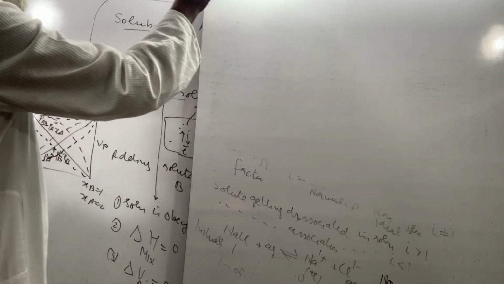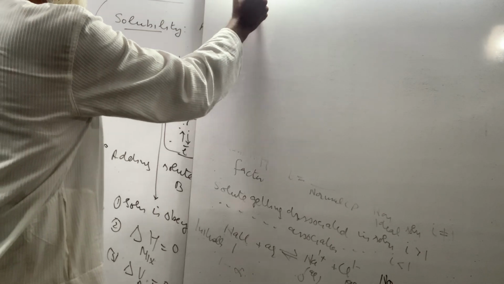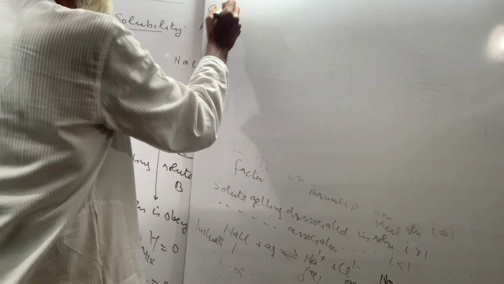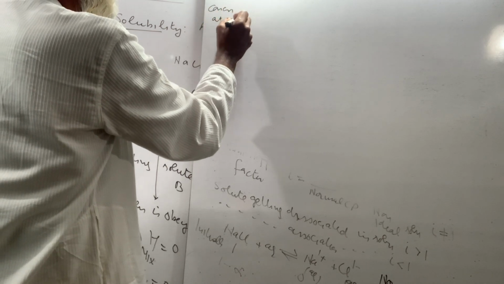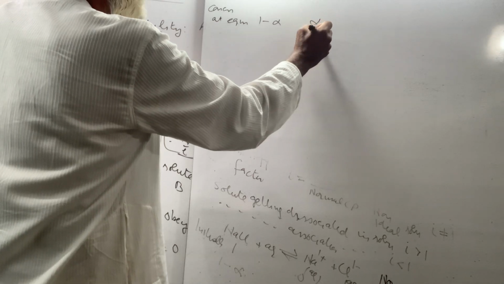So you have initial concentration 1, 0. Concentration at a particular state is 1 minus alpha, and here it is alpha over n.